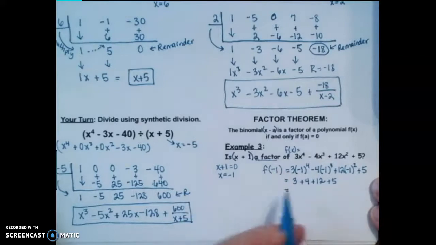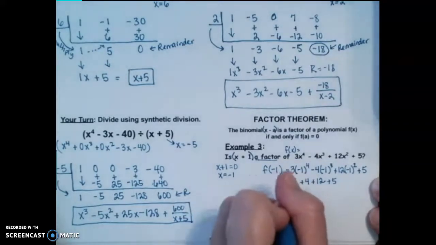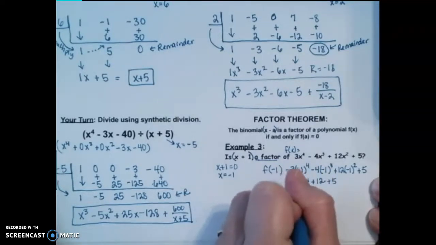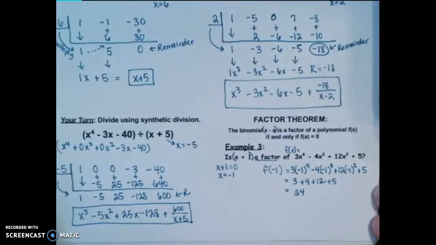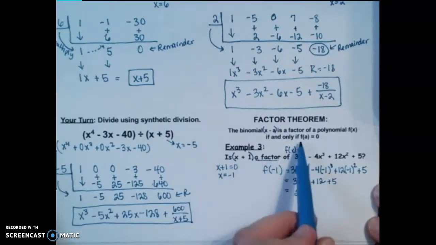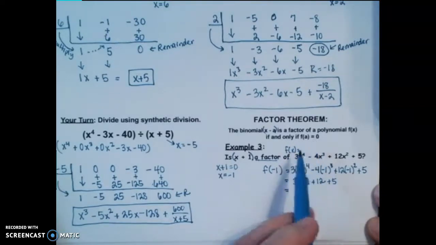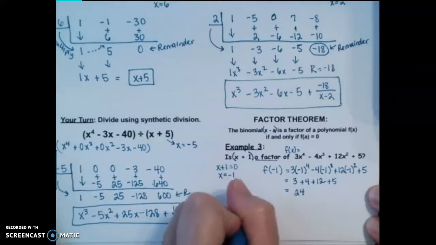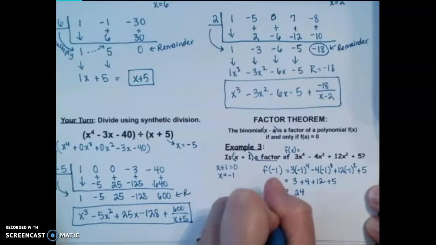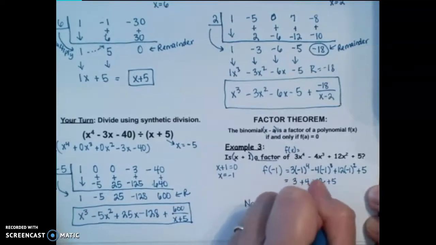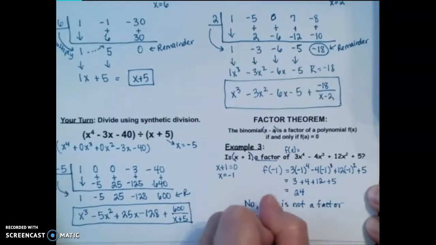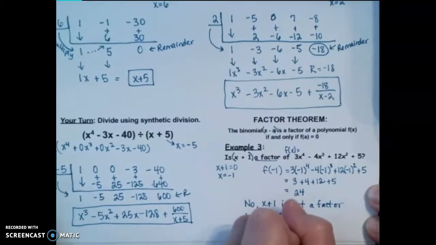Adding this together, 3 plus 4 is 7, plus 12 is 19, plus 5 is 24. So this is asking us, is this a factor? Well, the theorem says it has to equal 0 when you substitute in for it to be a factor. So the answer is no, x plus 1 is not a factor, because f of negative 1 did not equal 0.